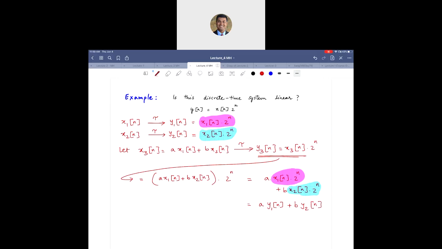So this is also linear. All right, questions so far? How to check for homogeneity, how to check for additivity, how to check for both combined in terms of linearity.